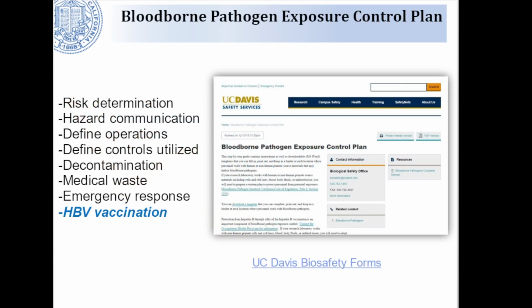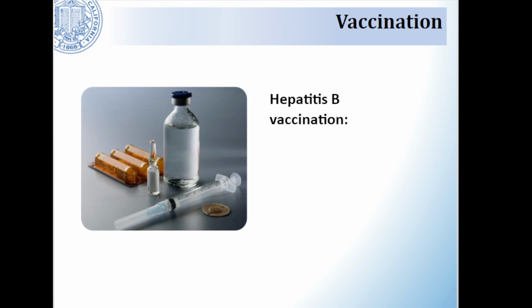The best way to prevent an infection is to become vaccinated against the infectious agent. A key component of the Bloodborne Pathogen Standard is the requirement that all employers offer employees that may come in contact with human blood or OPIM the hepatitis B virus vaccine. If you are at risk of occupational exposure to the hepatitis B virus, there is a vaccine available that is provided at no cost to you.